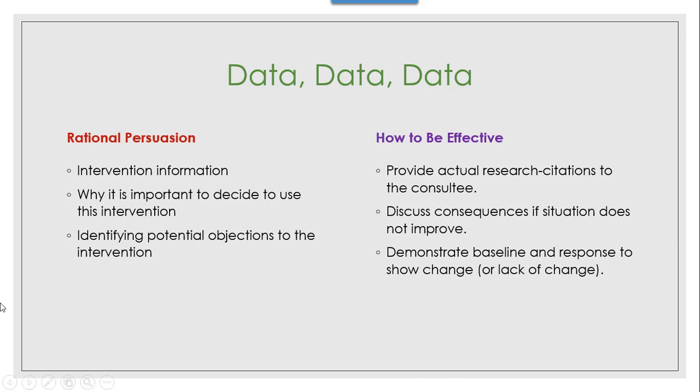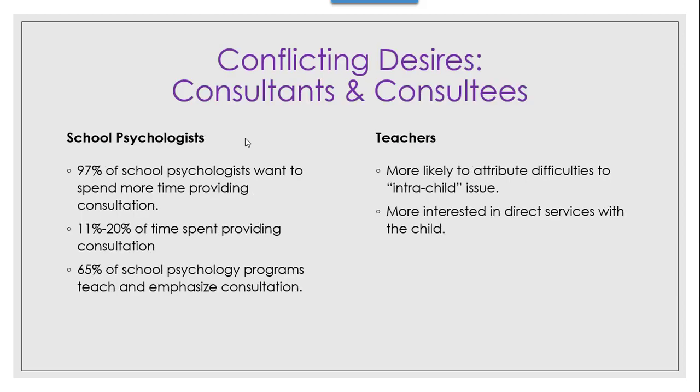Instead, you can say something like, research has supported this in the past, and so therefore you're both learners together. Discuss consequences. So if it doesn't get better, what are you going to do next? And then provide baseline and response data. So all of these things are necessary in any kind of change.